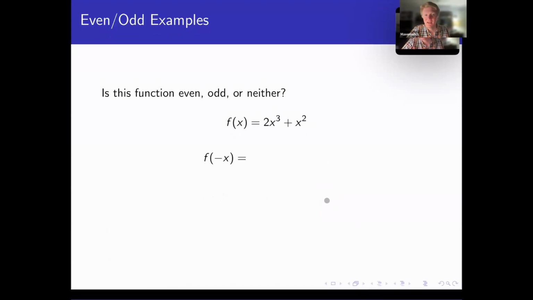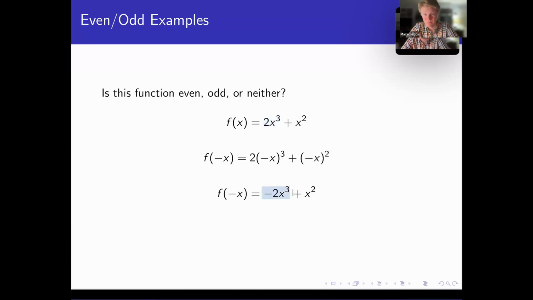All right, same thing. Let's plug in negative x. Negative x cubed is negative x cubed, so this will be negative 2x cubed. Negative x squared is then positive x squared. And notice that we can't treat this like the odd example. Here we have 2x cubed, and this is negative 2x cubed.